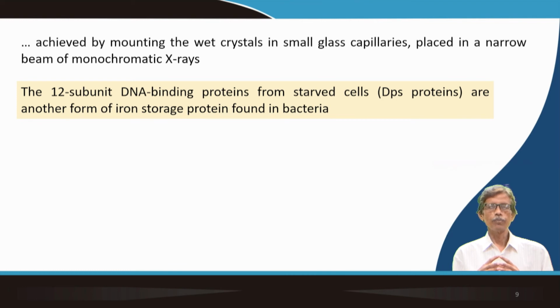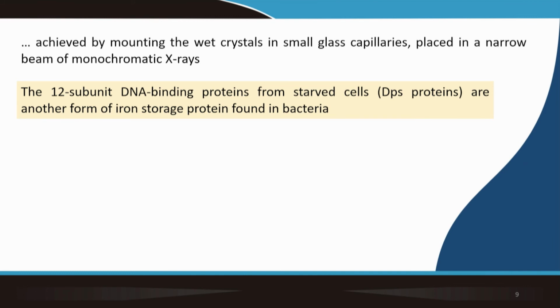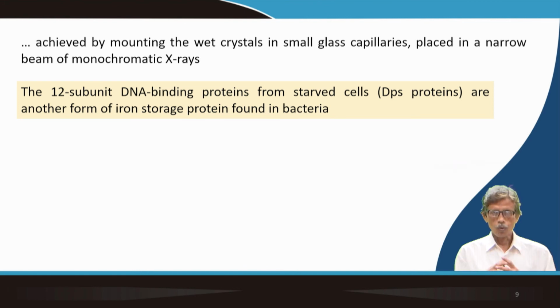DPS proteins are another form of iron storage protein found in bacteria. These DNA binding proteins are also useful in bacteria; we know the examples of siderophores. Siderophores are examples of iron binding sites, which typically coordinate iron, but for their survival they also need iron.